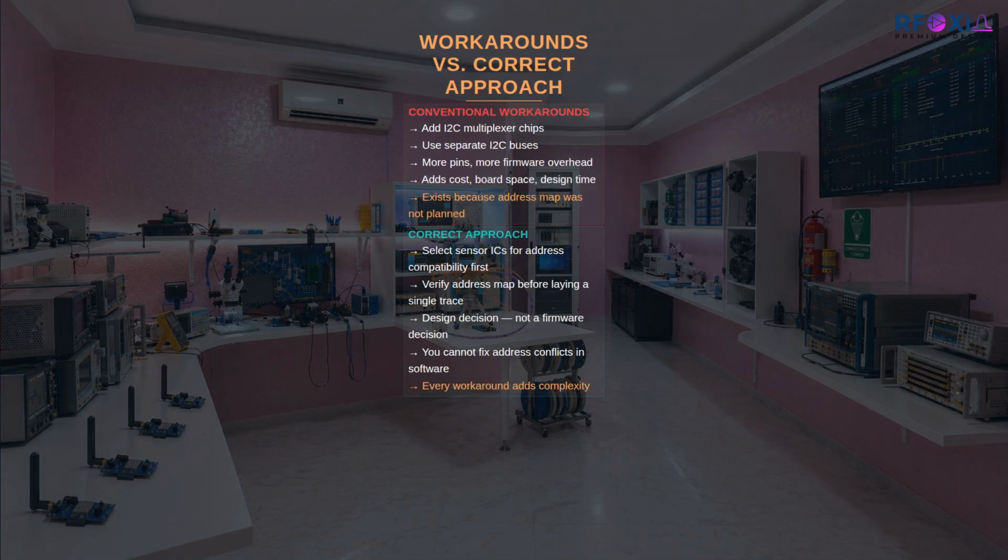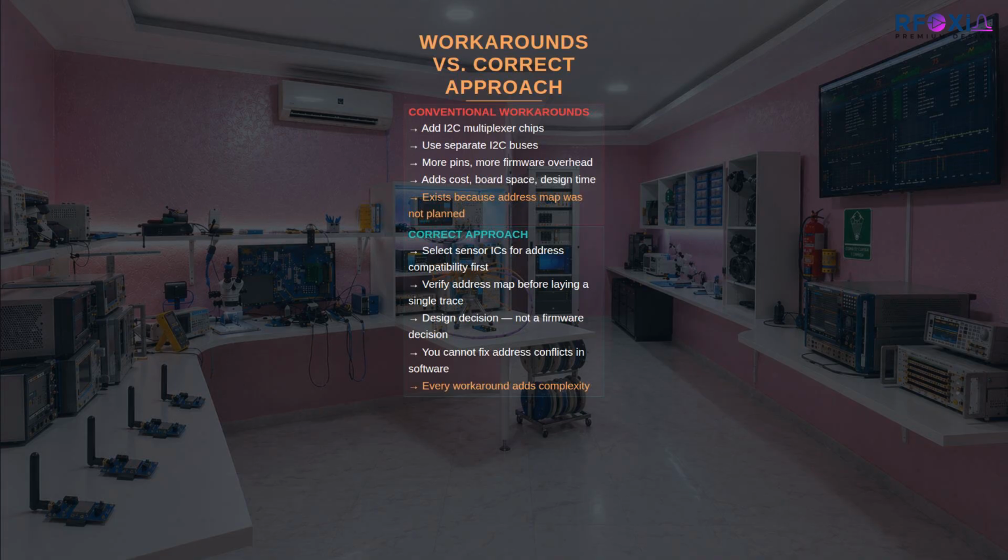And both solutions exist because the developer did not plan the address map before they chose their components. The correct approach is to select your sensor ICs specifically for address compatibility before you lay out a single trace. This is a design decision, not a firmware decision. By the time you are writing code, the address conflicts either exist or they do not. You cannot fix them in software, you can only work around them, and every workaround adds complexity.